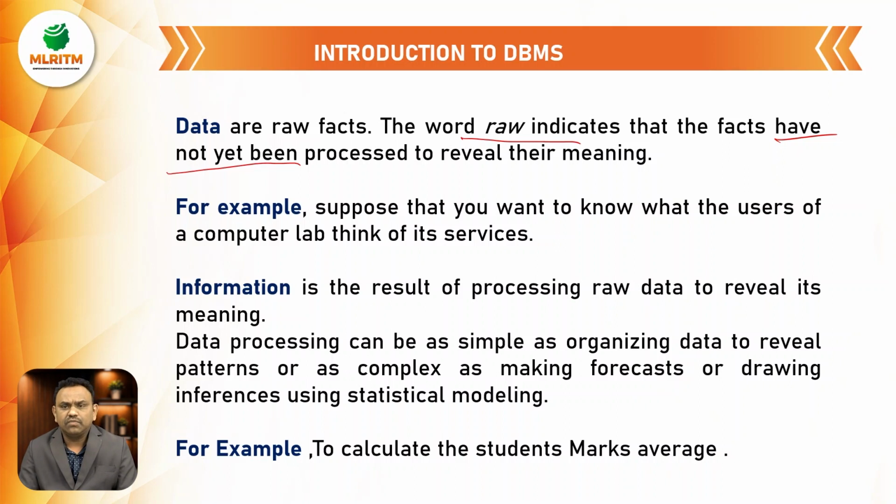Suppose you take one student's data, it consists of serial number, roll number, name of the student, age, percentage of marks, address, gender, etc. All this information is there for the 60 students. I am considering it as one relation, that is data.